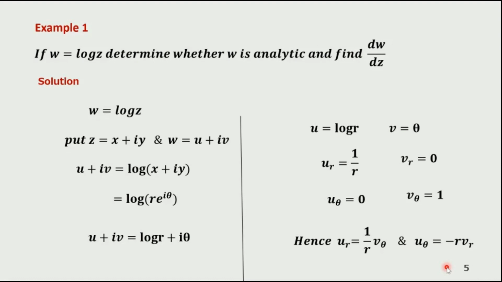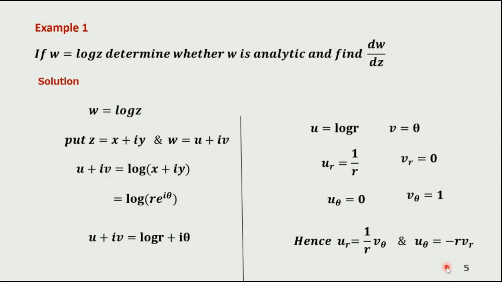This becomes much simpler in calculating the partial derivatives rather than using the Cartesian form. You can apply any one method. Either you convert this to Cartesian form and then calculate u x, u y, v x, v y, and then use the CR equations in the Cartesian coordinates. But here I've shown you how it becomes simpler when we apply the polar form. So for some functions we can apply the polar form, and it becomes simpler compared to the Cartesian form.